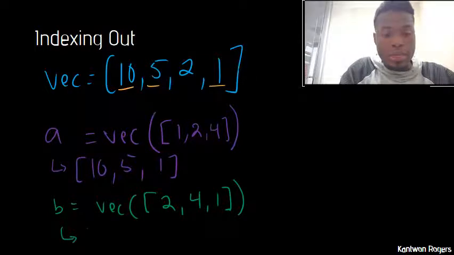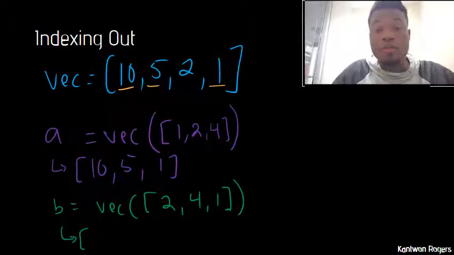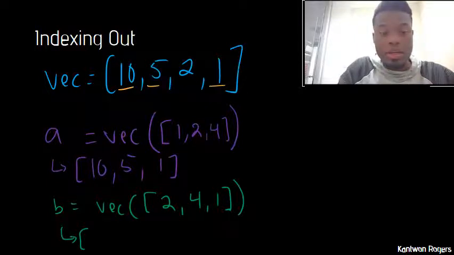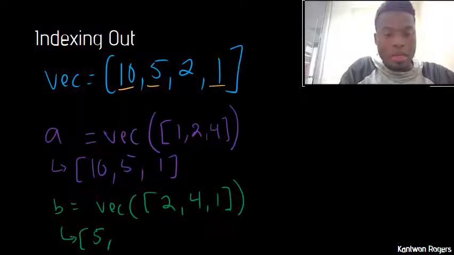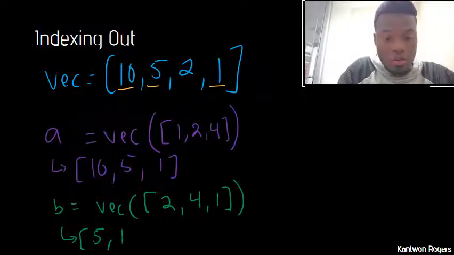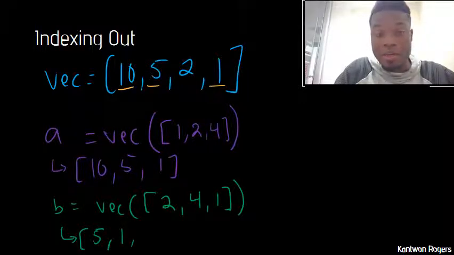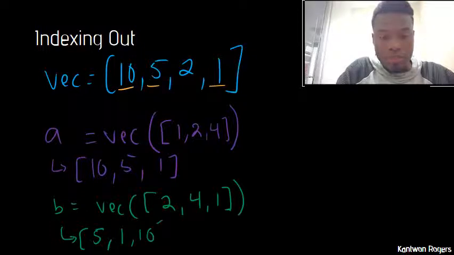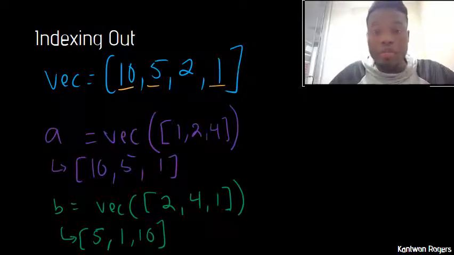So the first value of b will be the value that's inside of the second index of vec. So that will be 5. The second value will be whatever's inside of the fourth index of vec. So that'll be 1. And the third value will be whatever's inside of the first index of vec, which is 10. So the order here matters.